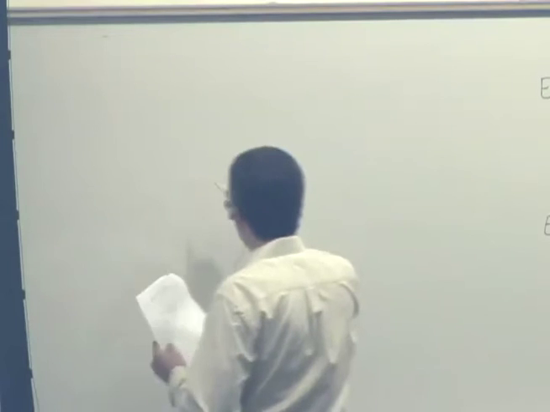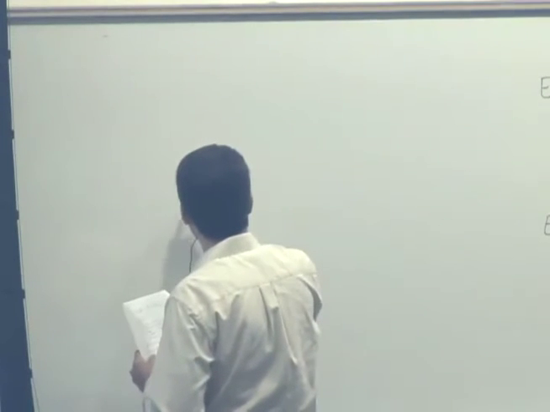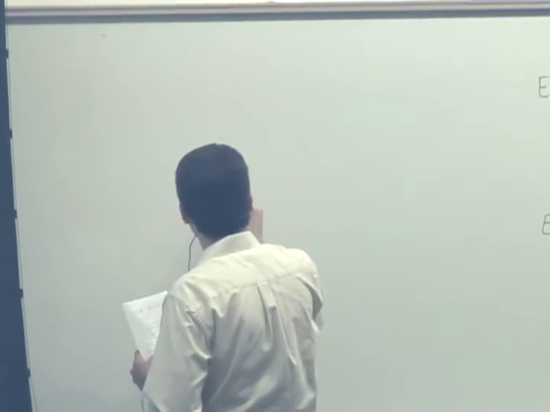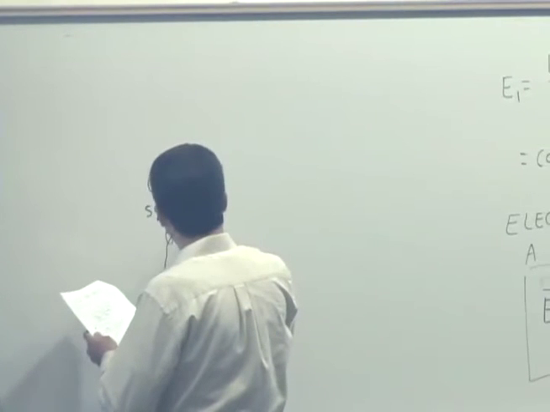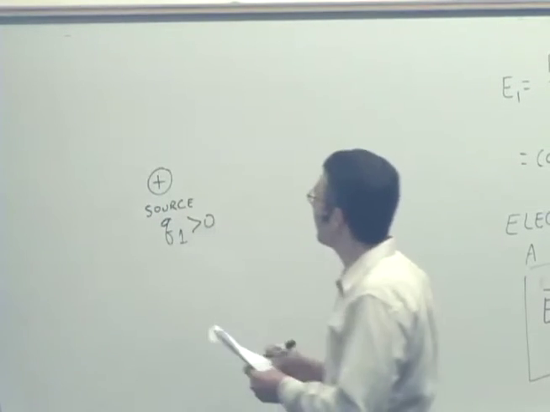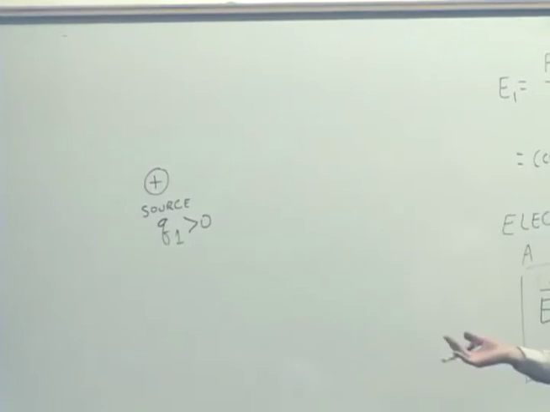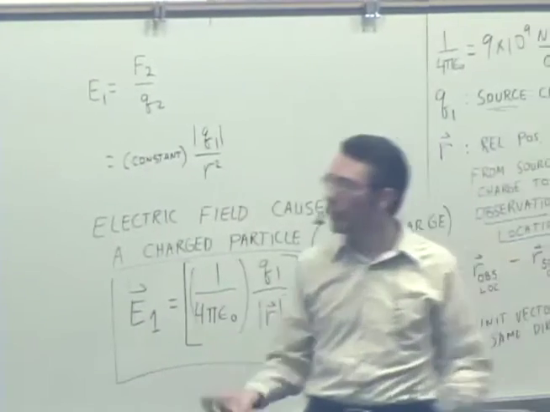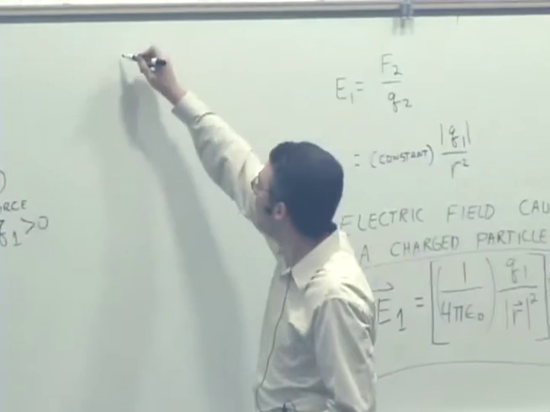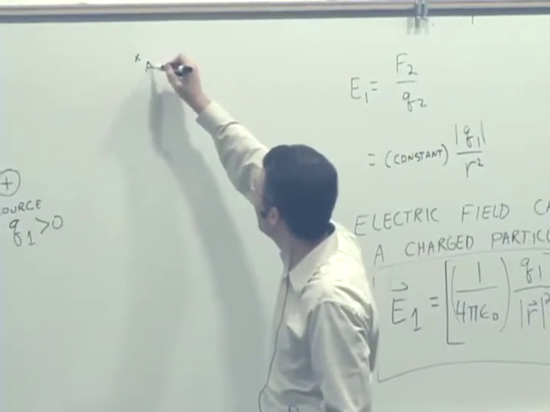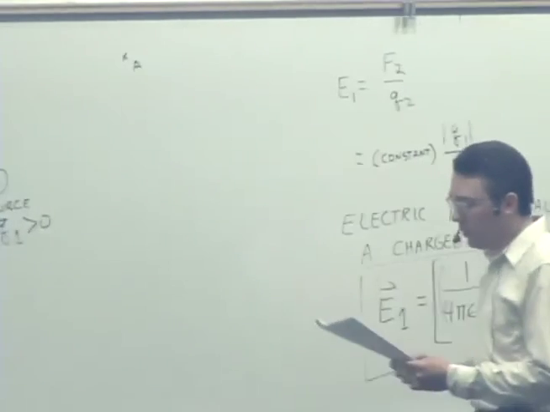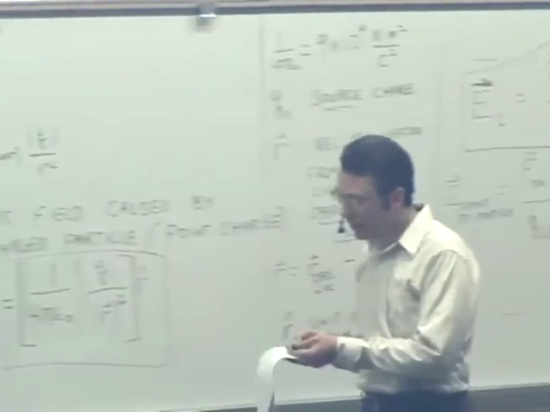Here is a source charge. Let's say it's a proton, for example. Call this Q1, and it's greater than 0. And let's say I want to find the electric field created by this source charge at some location A. Let me pick this as my location A. First thing I have to do is draw the R vector.